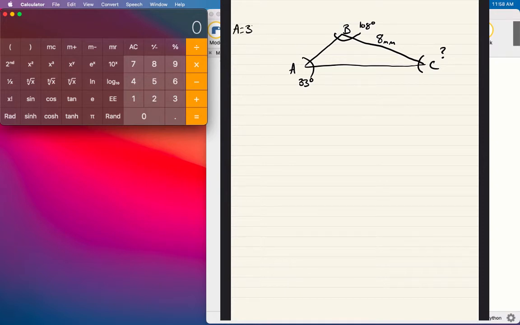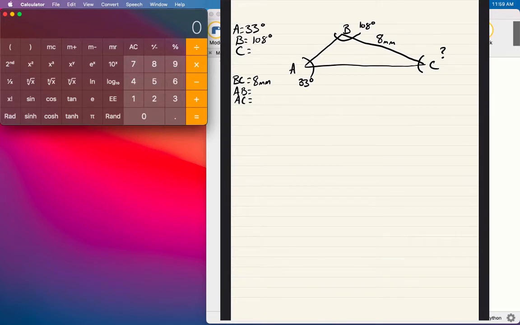So we know angle A is 33 degrees. We know B is 108 degrees. We don't know C, but we do know the length of BC is 8 millimeters. But we don't know AB, and we don't know AC.